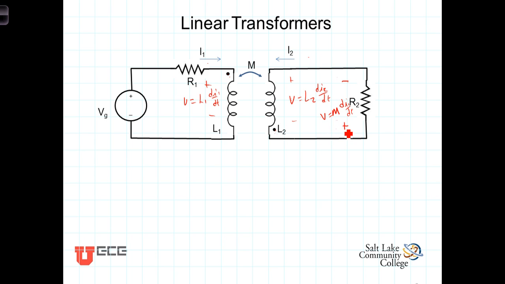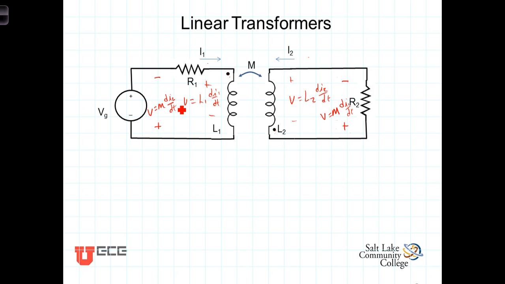On the other hand, I2 is referenced into the terminal not containing the dot. It's referenced into the undotted terminal. So the voltage that this current induces in the neighboring coil due to the mutual inductance will be referenced positive at the undotted terminal. And we'll have a voltage plus to minus here then that is equal to M, the mutual inductance, times the derivative of the second current with respect to time.